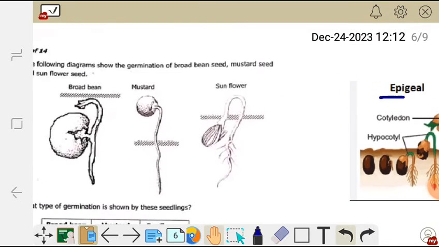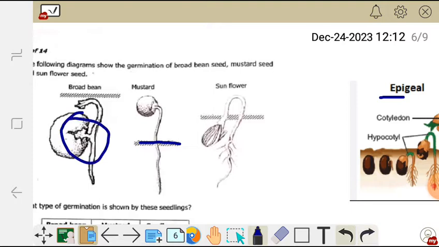So in this case here, we have these seedlings. This is the ground. Okay, we can see that here the seed has been exposed, so that is epigea, and here also the seed is going to be exposed. The root here has grown, so that seedling will come out with the seed anytime soon, so that is also epigea. But in this case here, this is hypo. Why?